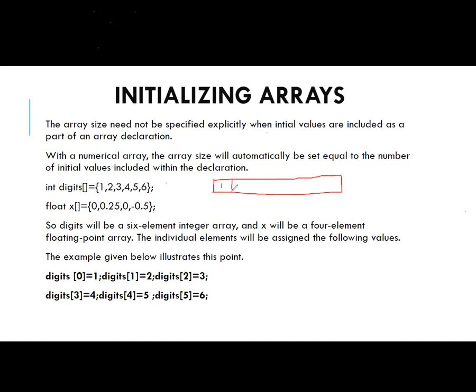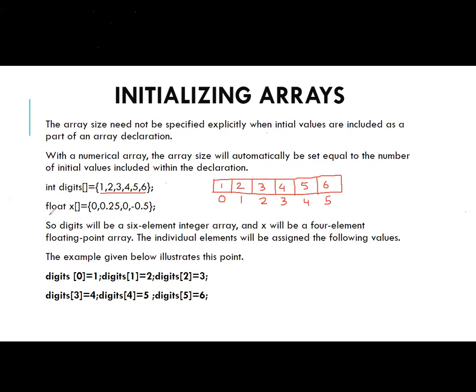So you'll have 1, 2, 3, 4, 5, and 6. Now the size is not being given, but you know that the size is 6. The index position starts from 0, 1, 2, 3, 4 up to 5. These are the index positions. The size of the array is automatically taken. How does it take it automatically? By looking at this bracket.